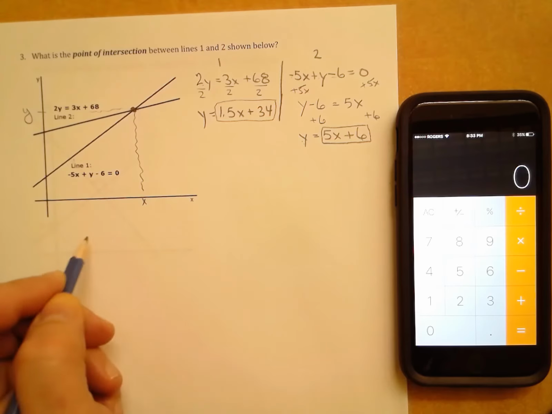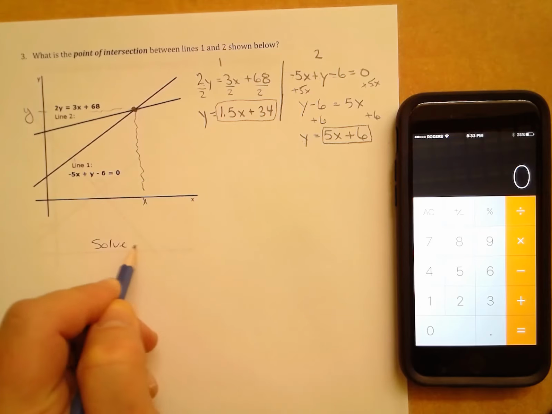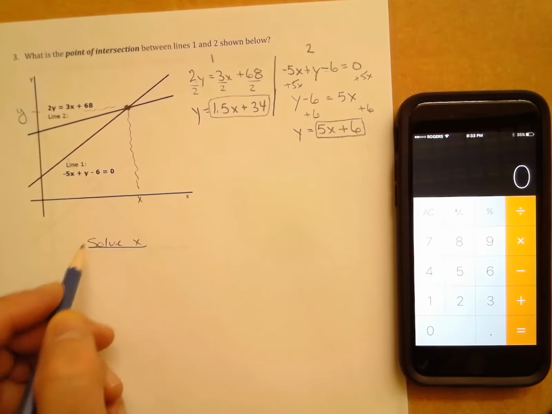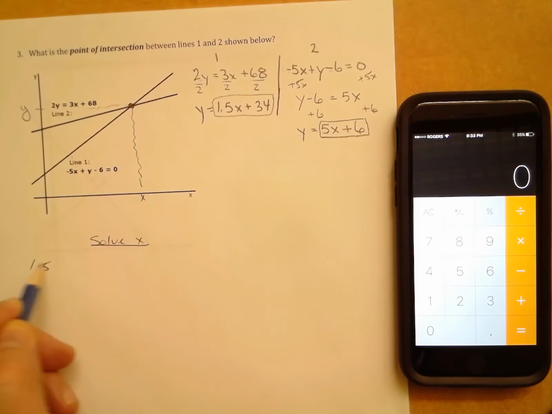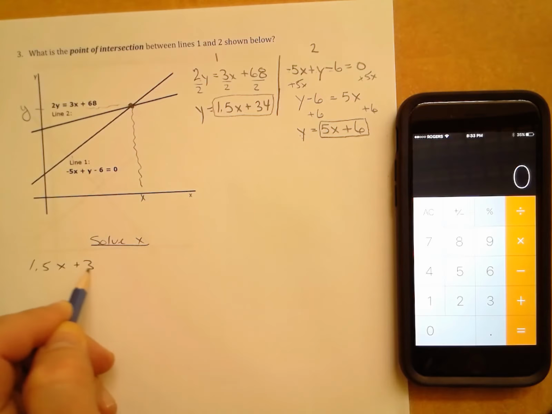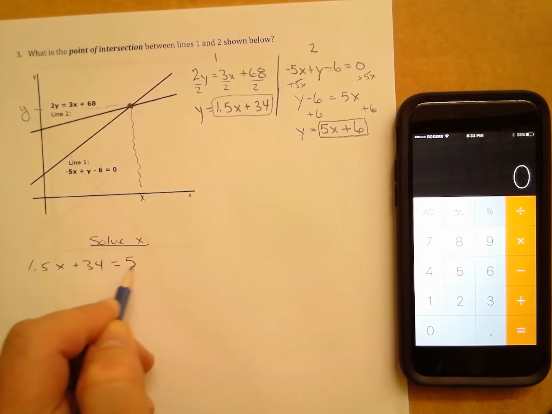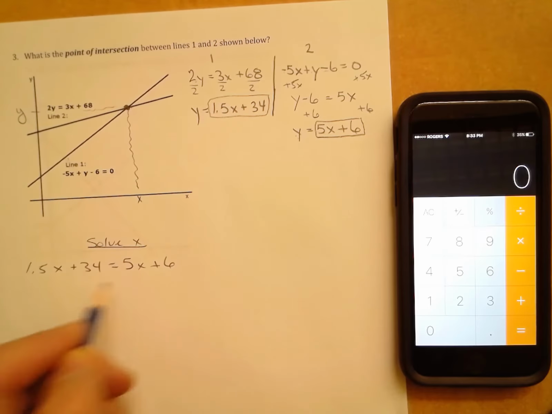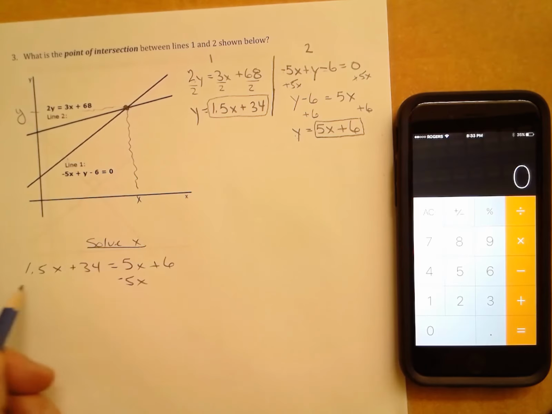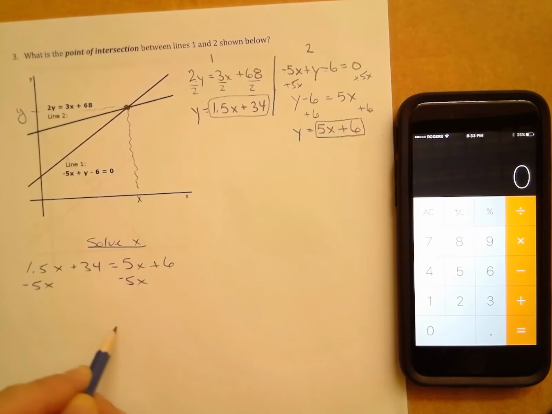Step 2, right, is solve x. And so we'll do that right here. 1.5x plus 34 is equal to 5x plus 6. I'm going to subtract the 5x from both sides.